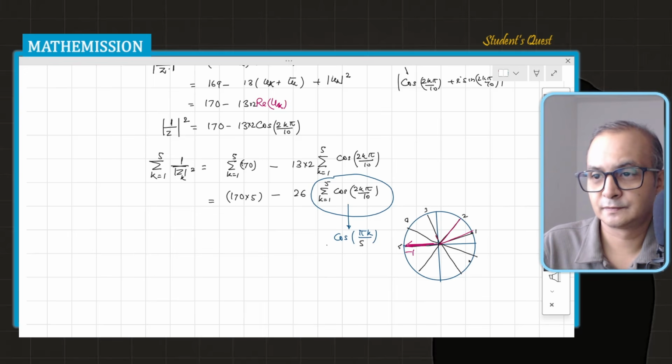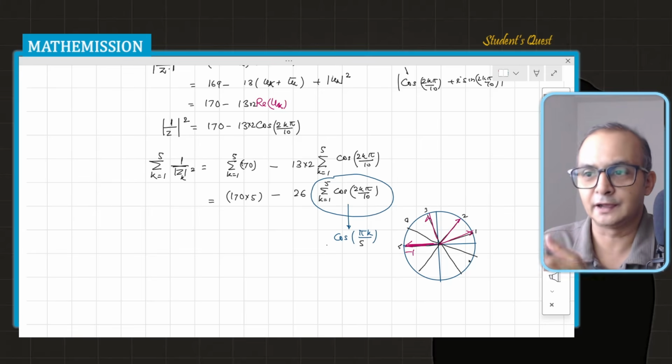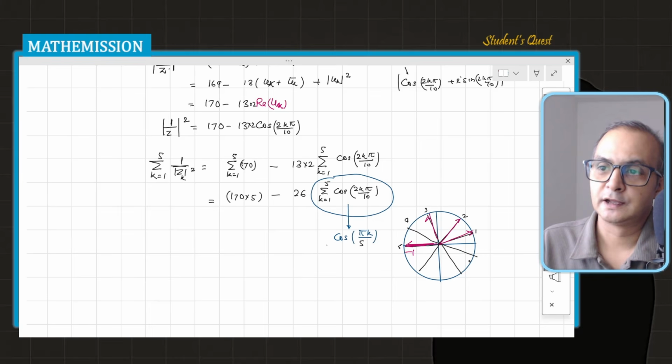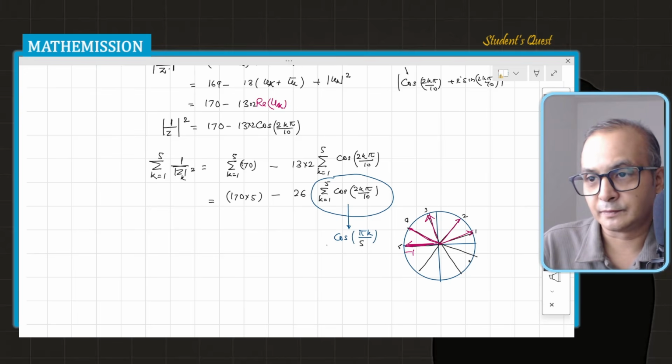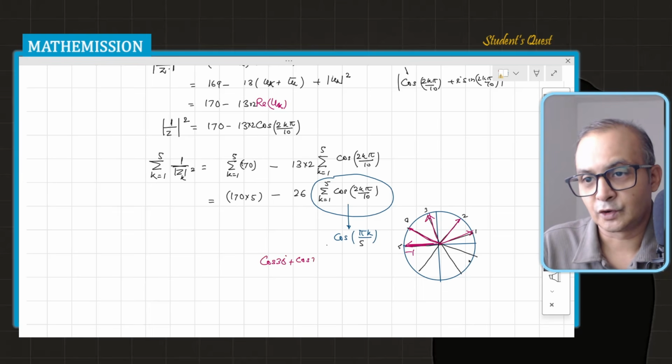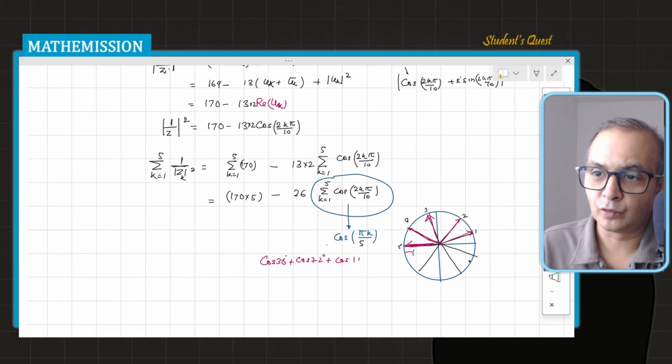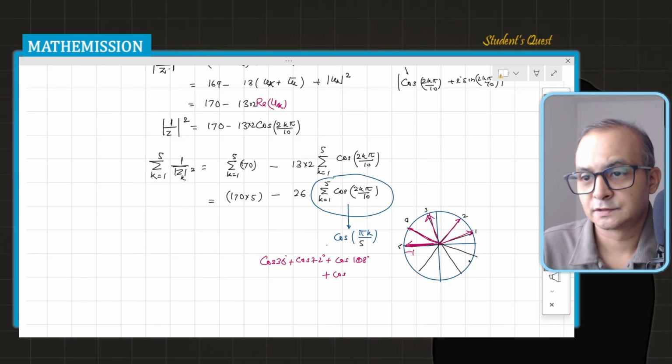Each vector has cos 36, then cos 72, then cos 108, then cos 144, and the last one is cos 180. Combined, cos 36 plus cos 72 plus cos 108 plus cos 144 plus cos 180.